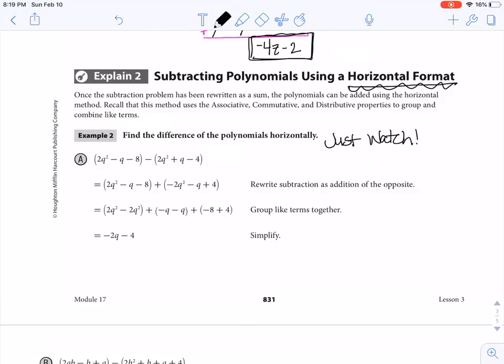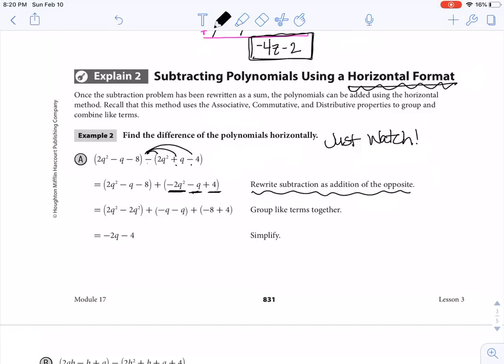Well, the first thing that we need to do is rewrite subtraction as addition of the opposite, or as I showed you guys previously, just distribute that negative to each term within the parentheses. And so we're going to get negative 2q squared minus q, because a negative times a positive gives us a negative. A negative times a negative will give us a positive, which is why we have a positive 4.